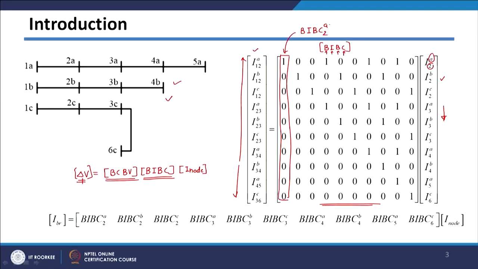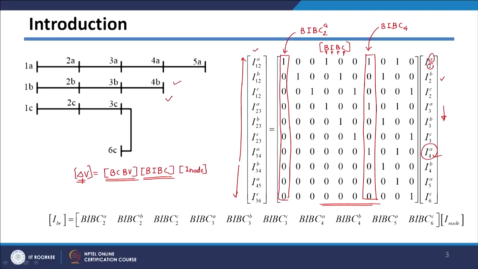In exactly the same way, if you consider this particular column, which gets multiplied by this particular current, it will be BIBC corresponding to the 4th node.